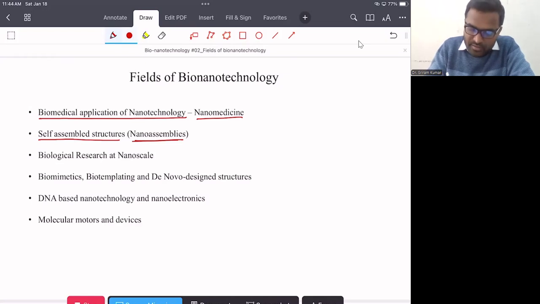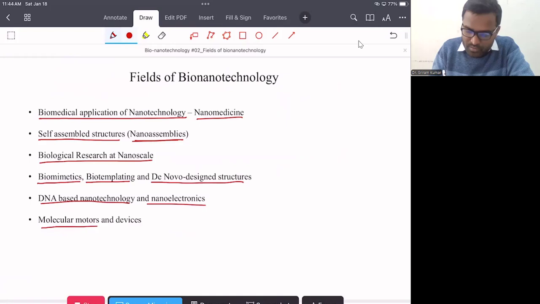The third field is biological research at the nano scale. The fourth is biomimetics, biotemplating, and de novo design of structures. Another area of research is DNA-based nanotechnology and nano-electronics. The next application is molecular motors and devices.